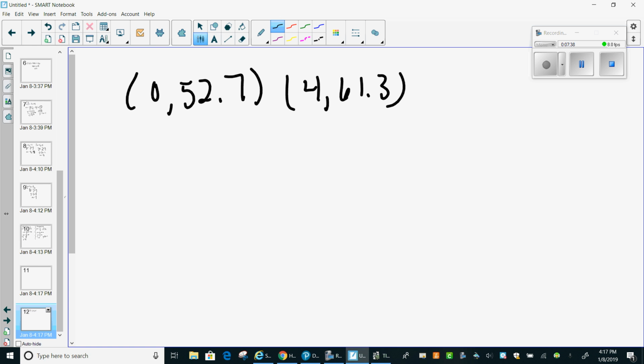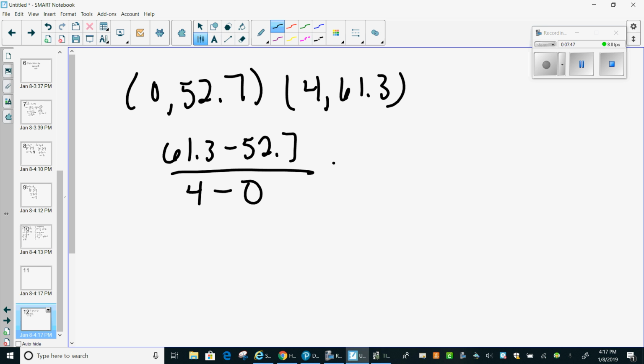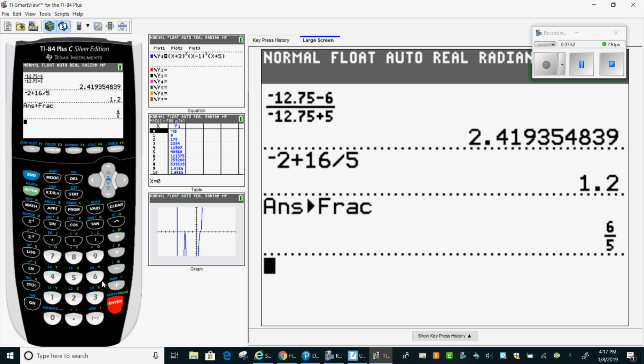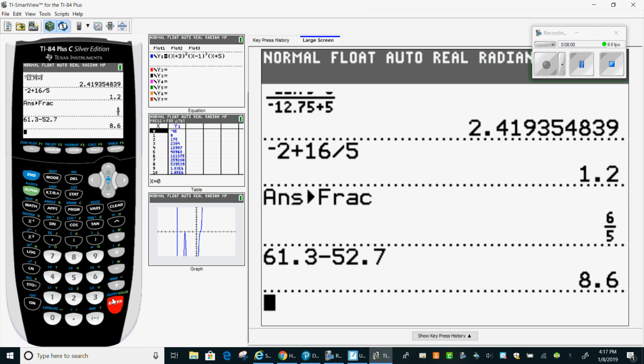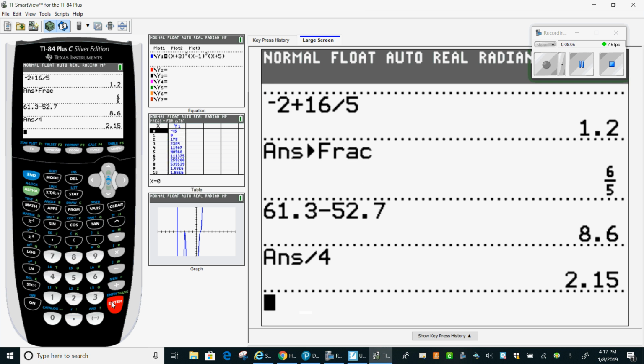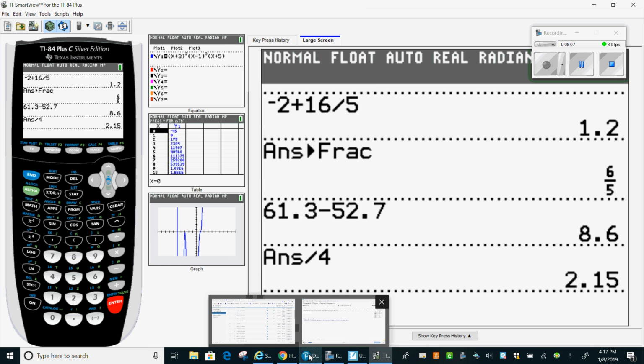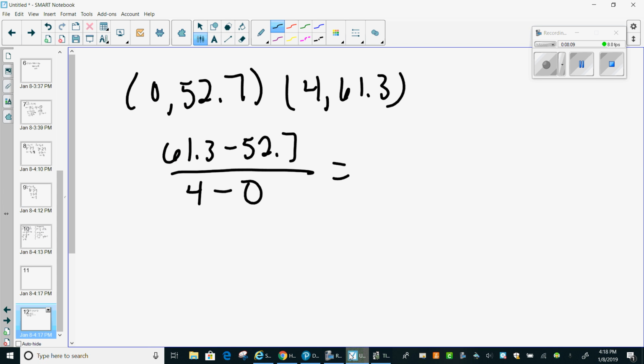All right, so I've got to find the slope of that line: 61.3 minus 52.7 over 4 minus 0. 61.3 minus 52.7 is 8.6, divided by 4, it's 2.15. 2.15 for the slope.